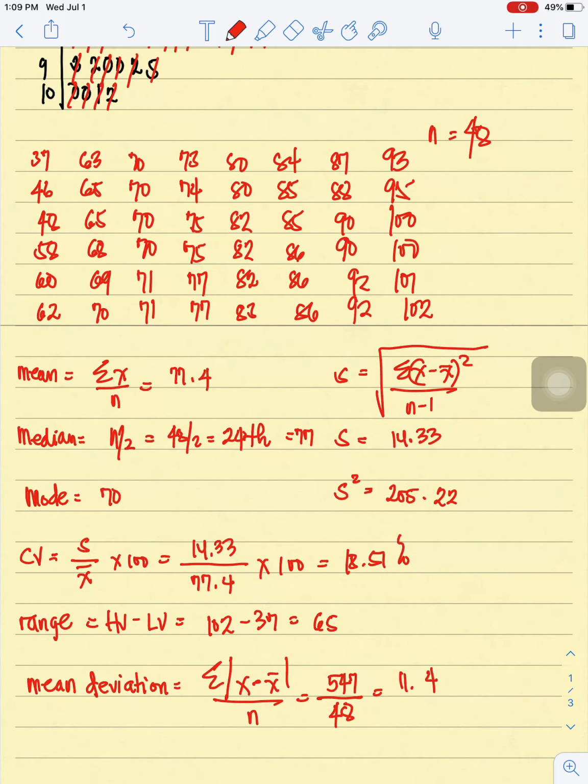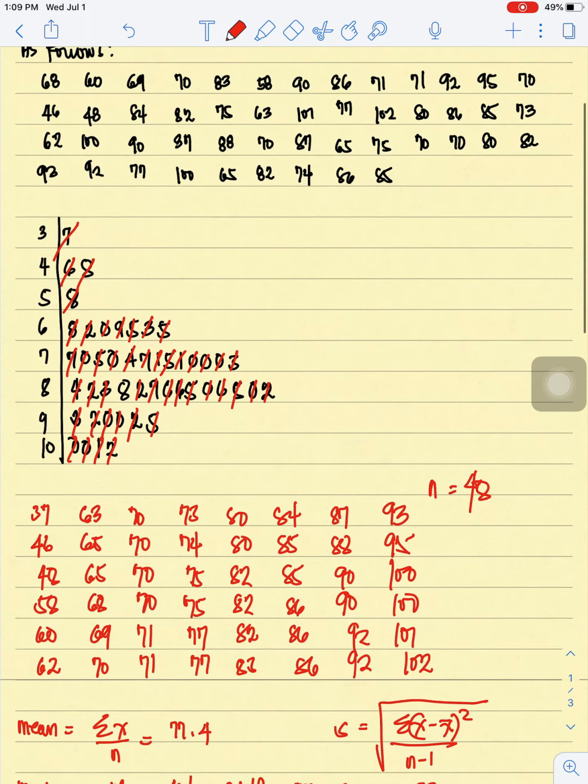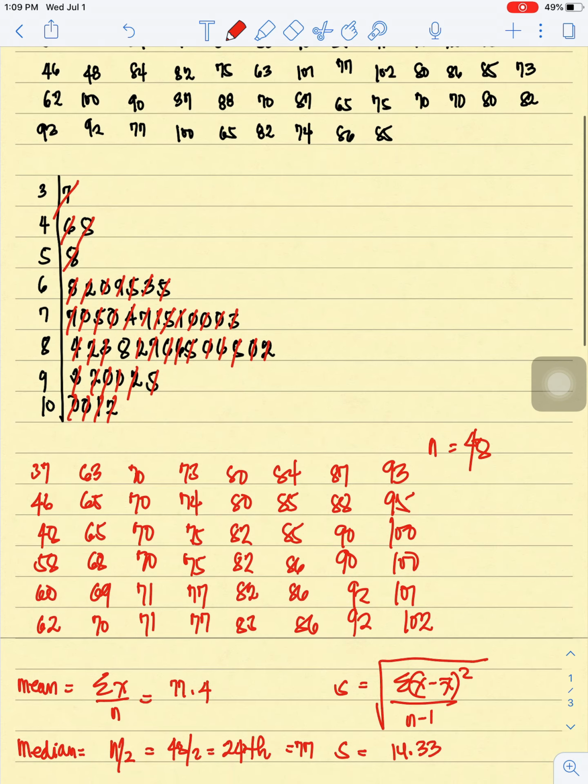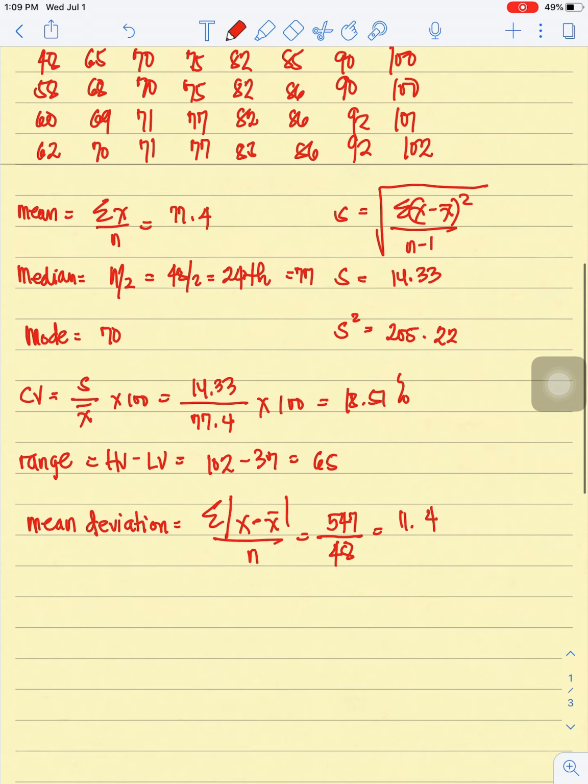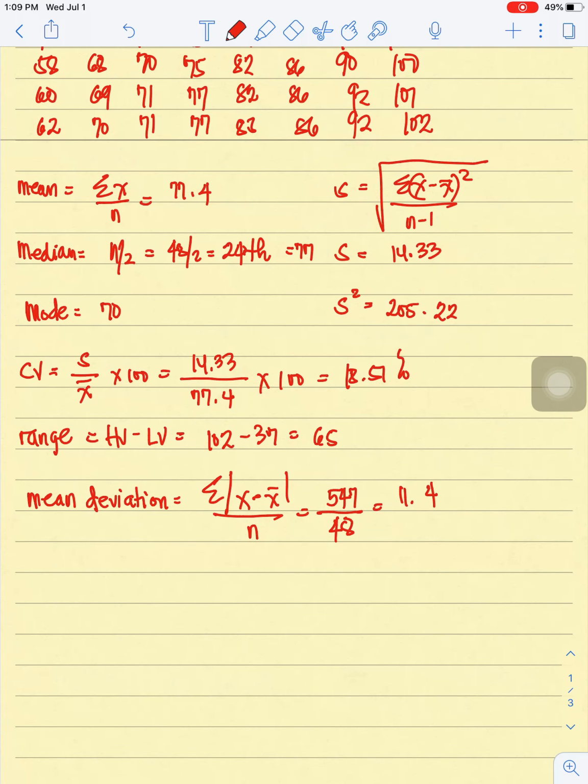I need to get the difference between these x values and the mean of 77.4. So that would be 37 minus 77.4, then plus 46 minus 77.4, plus 48 minus 77.4, and so on until 102. Then divided by 48, it gives me an answer of 11.4.